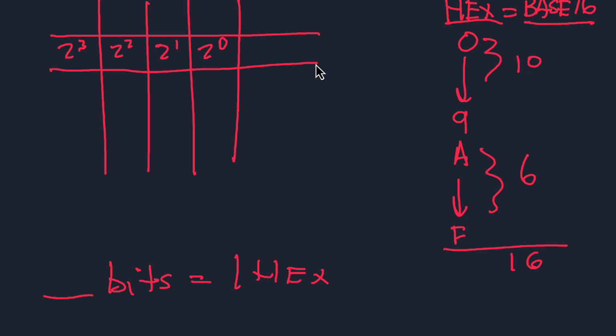So that means 2 to the power of 0 is 1, 2 to the power of 1 is 2, 2 to the power of 2 is 4, 2 to the power of 3 is 8. Don't worry, we'll be going into binary in greater detail once we start getting into IP addressing and subnetting.